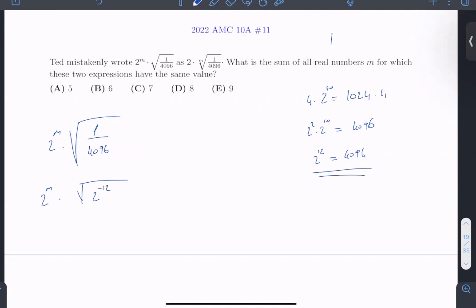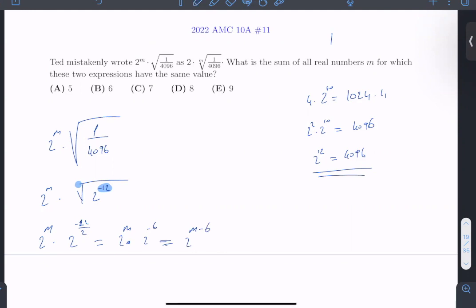If you would like to take this outside the root, we divide negative 12 by the index, which is the square root, so 2. It's going to be 2 to the power of m times 2 to the power of negative 12 divided by 2, which is negative 6. So 2 to the power of m times 2 to the power of negative 6 is going to be 2 to the power of m minus 6.